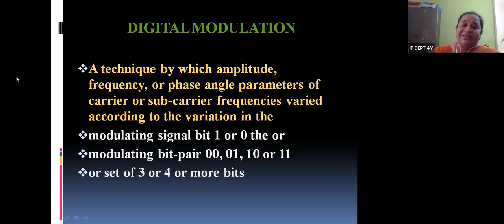How will the data be sent over the transmission media or the radiation through the ones and zeros? Whenever the signal is changing, or converting our parameters into terms of zeros and ones, that particular modulation is called digital modulation.